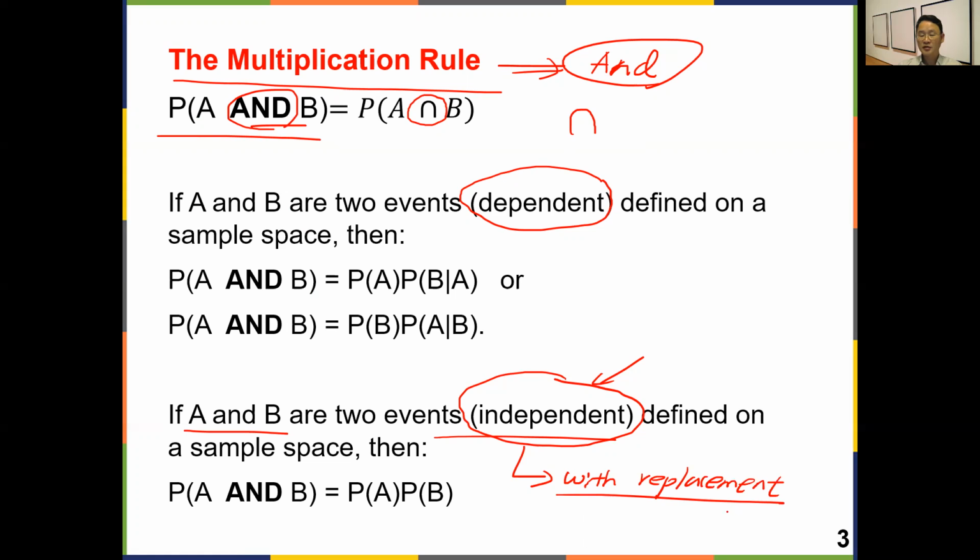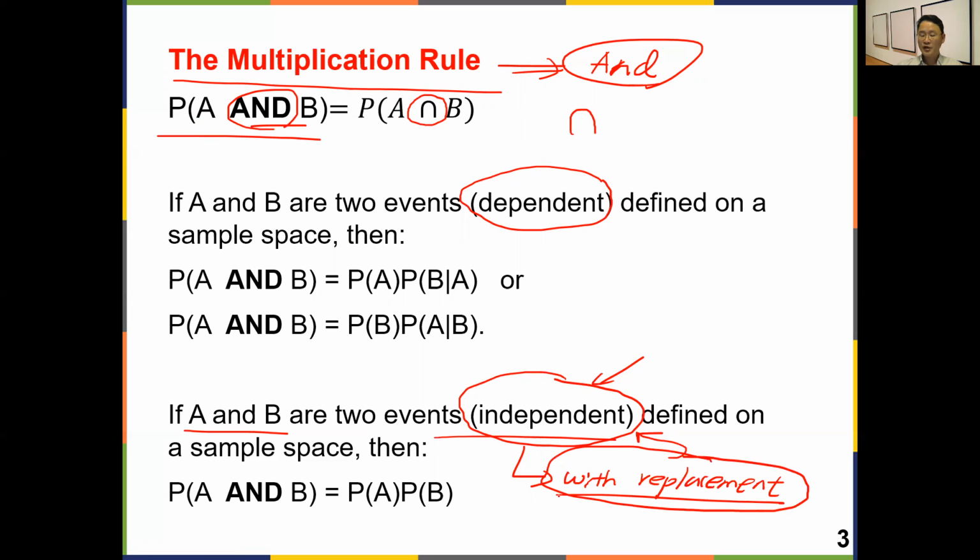It's not always the case that independent questions have this word, but whenever we have the words with replacement, we can be sure that we are dealing with the independent case.